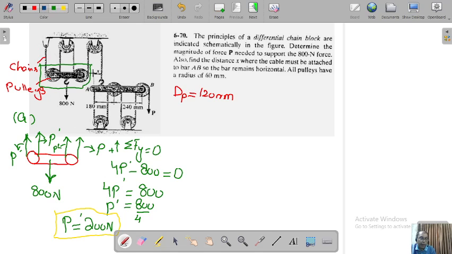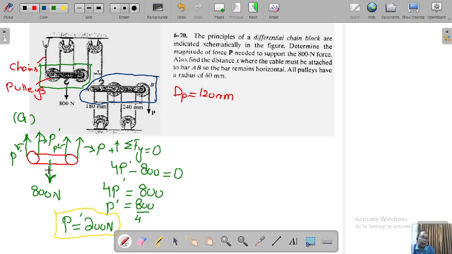If you look at this diagram very clearly, what does it tell you?